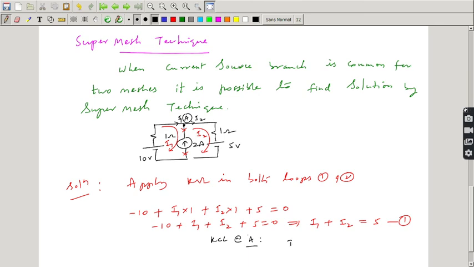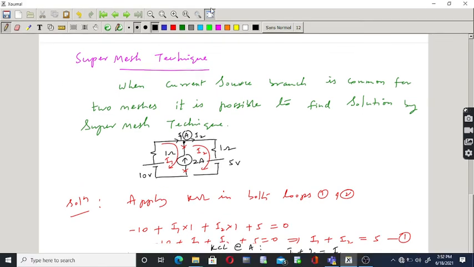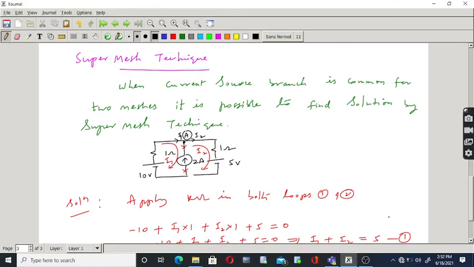So I1 plus 2 equals I2, so I1 minus I2 equals minus 2. Take this as equation 2. Now solve equations 1 and 2 and you will get the currents: I1 is 1.5 amps and I2 is 3.5 amps. Okay, I'll stop here. The next video will continue with nodal analysis and the super node technique.